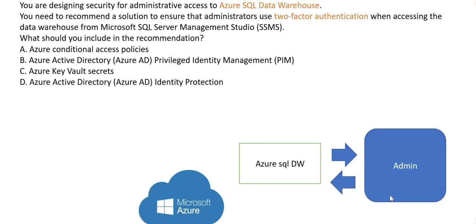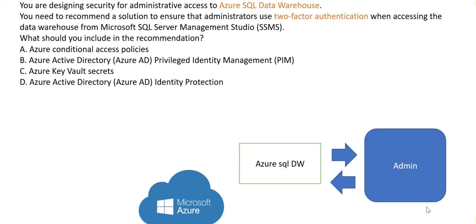So I was just making some correction here. So this is your SQL Data Warehouse, and you have this admin. So what happens is if you have to get access, and they are asking for two-factor authentication. So using two-factor authentication, how can you get it?